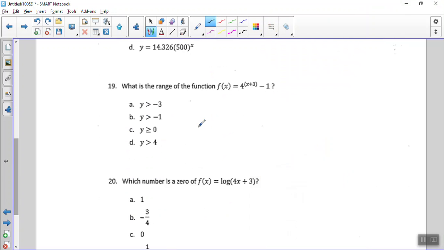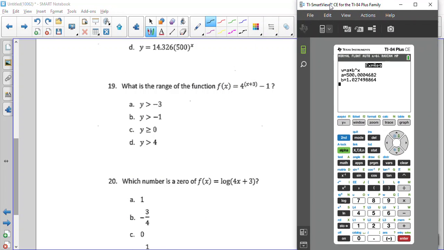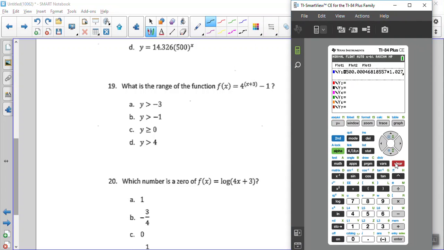Alright, problem number 9. It says, what is the range of the function here? Alright, so whenever we have domain and range questions, we just want to graph it and look at it to determine the domain and range. So you have 4 has an exponent of x plus 3, minus 1. We're going to graph it. And again, when we're looking at the range, we're looking at the y-axis, the y coordinates, right?